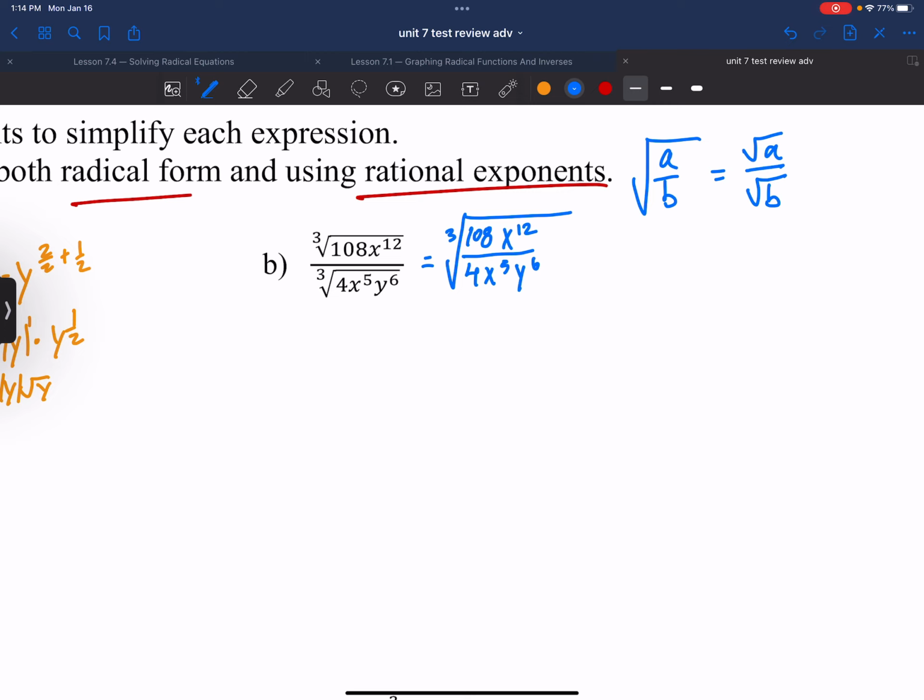Well, I guess there are multiple approaches. We could just simplify the expression inside the radical first and then apply the cube root. And I think I'm going to go with that approach because I like that better. Or you could split this into three different things, like cube root of 108 over 4 times cube root of x to the 12th over x to the 5th times cube root of 1 over y to the 6th.